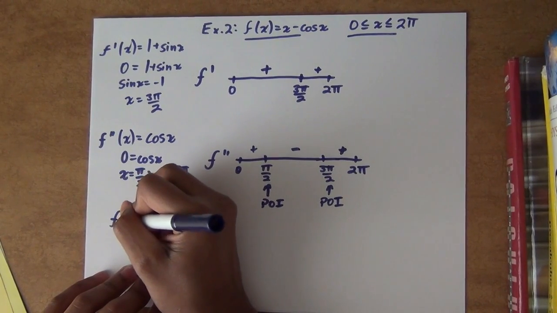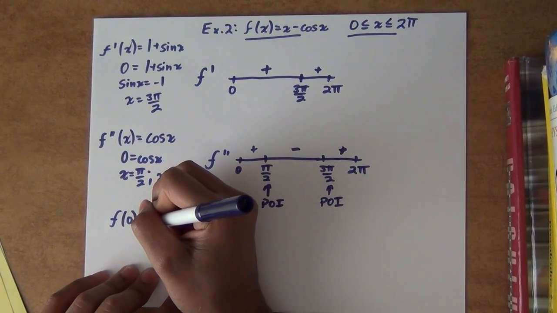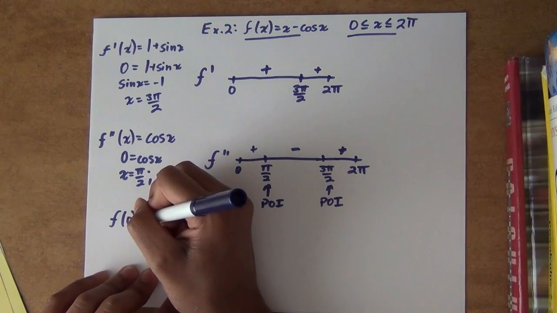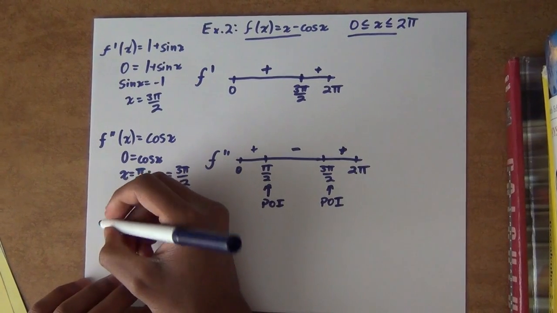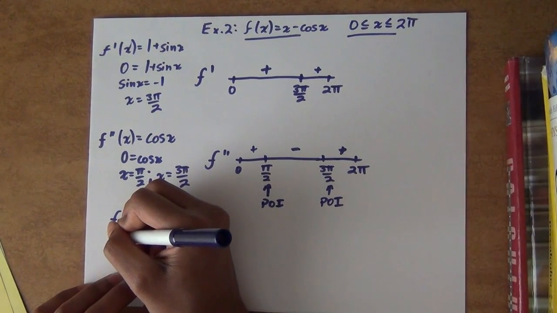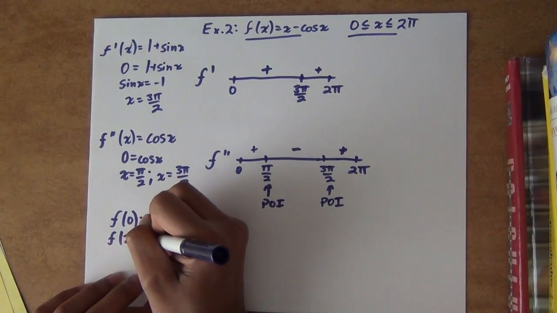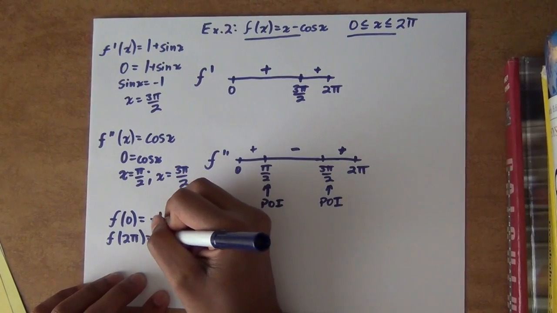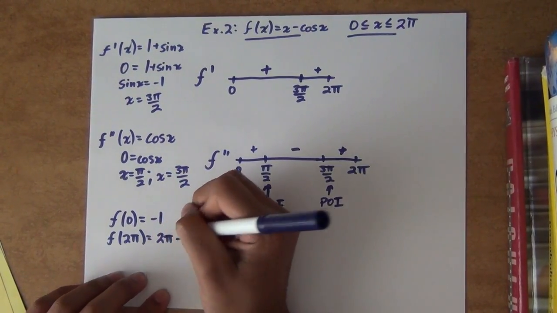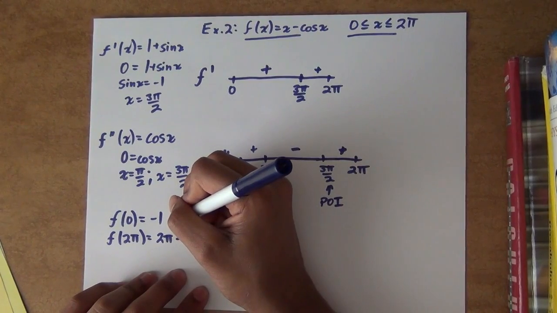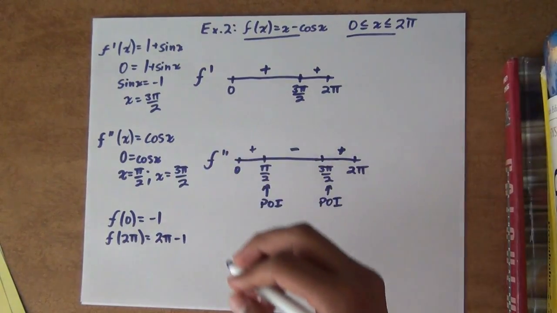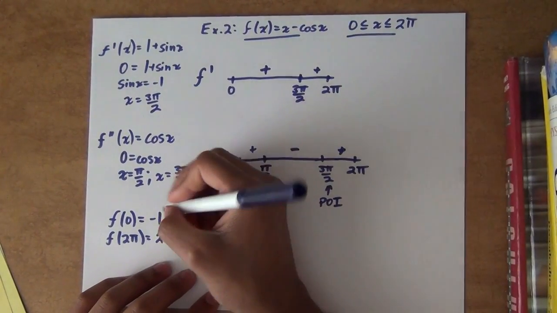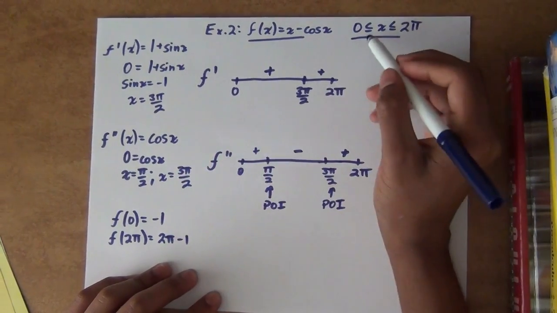Endpoints. We want to put our endpoints into the function. F of 0 is going to be -1, and then f of 2 pi is going to be 2 pi minus 1. So these are absolute maxes and mins because they're the endpoints and there were no relative maximums or minimums in between, so we know for sure that these are absolute maximums and minimums on the given interval.